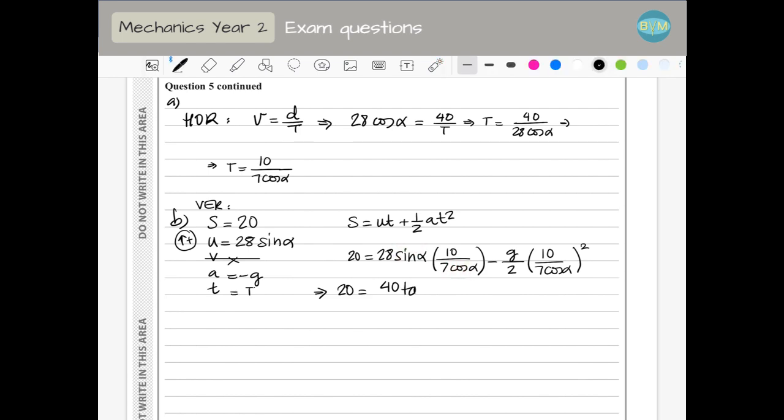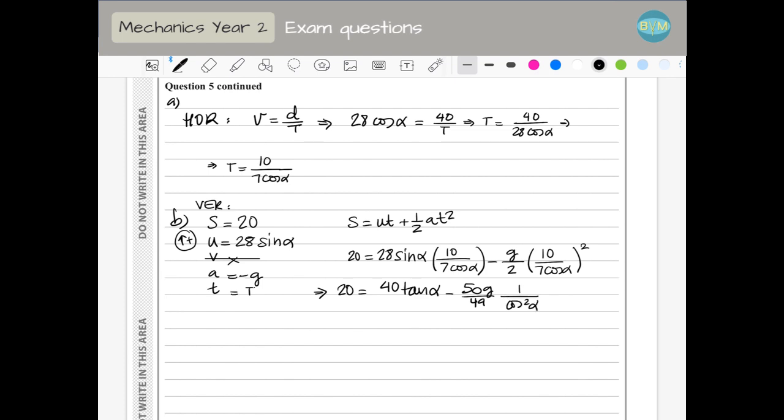So we have 40 tan alpha. And on this side, what can I divide? I have 100 divided by 49 and divided by 2. So 100 divided by 2 is 50. So I have minus 50g divided by 49, and then the reciprocal of cos squared.